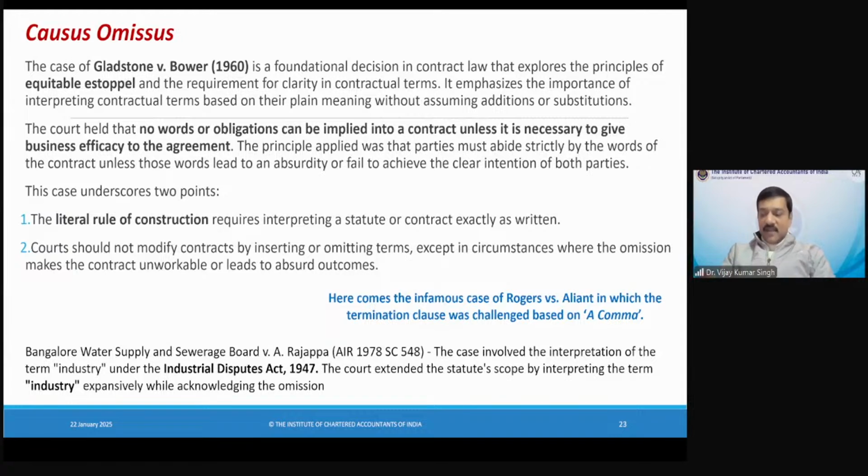That was the objective. Ideally speaking, if I follow the literal rule, this interpretation may be wrong. But if I follow the welfare rule, then that will be correct. So this is a decision contrary to what causus omissus says.